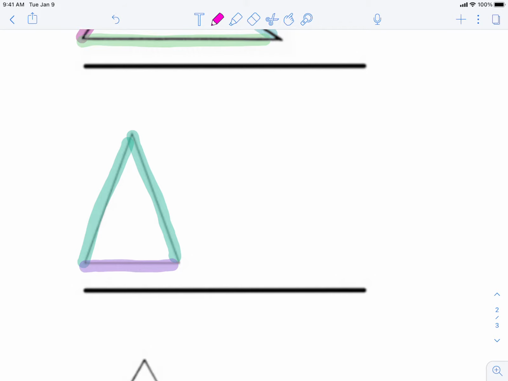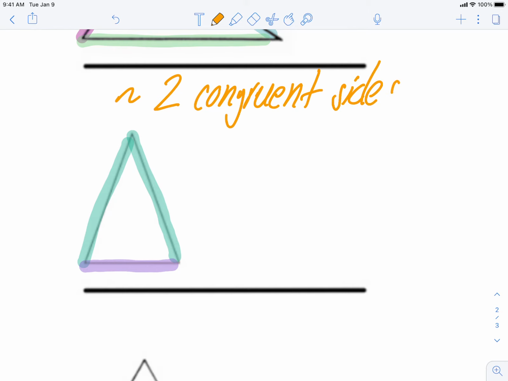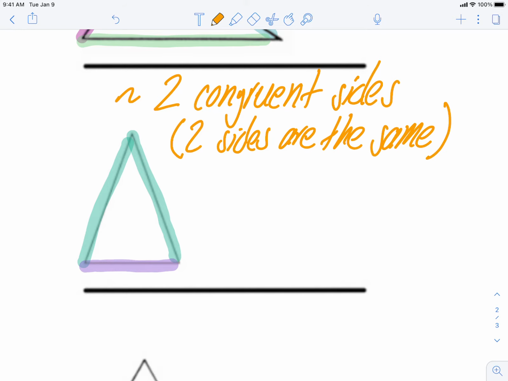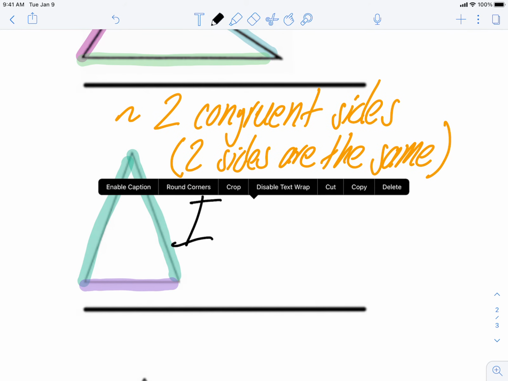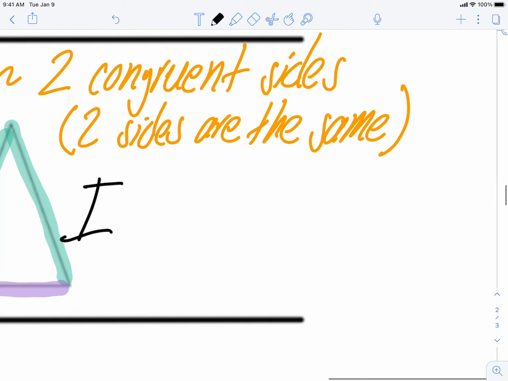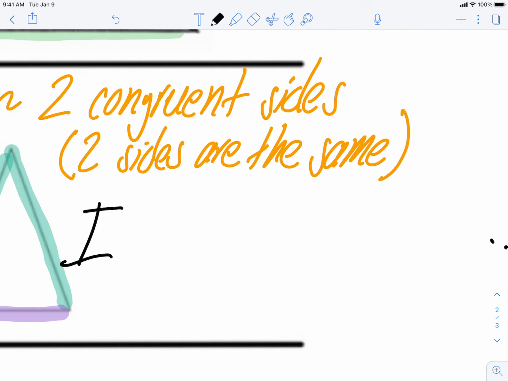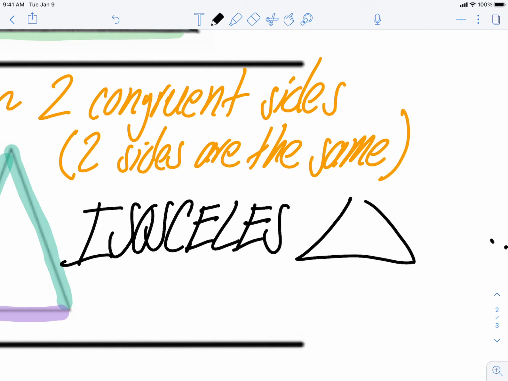So when we have two congruent sides, meaning two sides are the same, this is what we call an isosceles triangle.